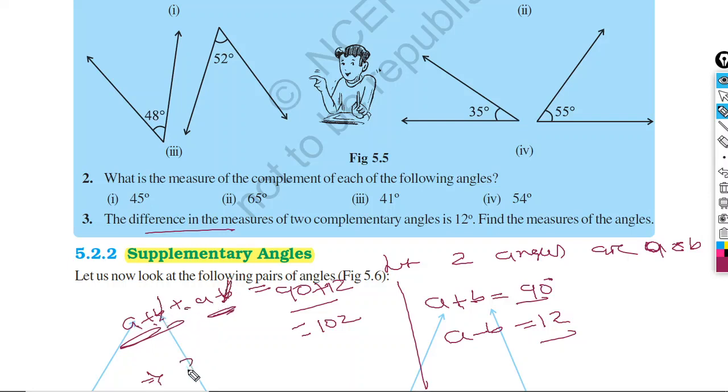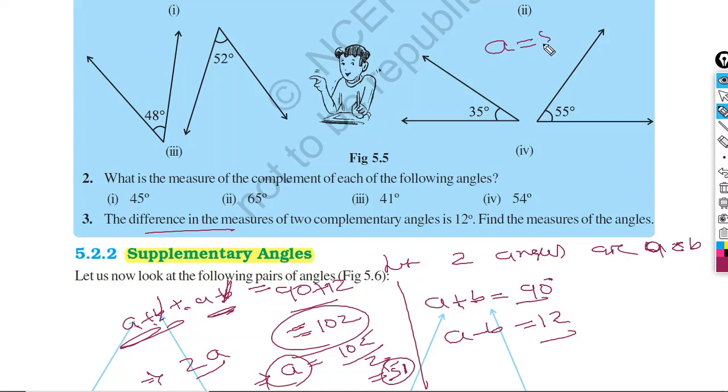A plus A, 2A, is equal to 102. Now you know how to simplify equations. Here you can see 2A, so divide by 2 on both sides. After dividing, we get A equal to 102 divided by 2, which equals 51 degrees. So we got the value of A. You can write A equal to 51.